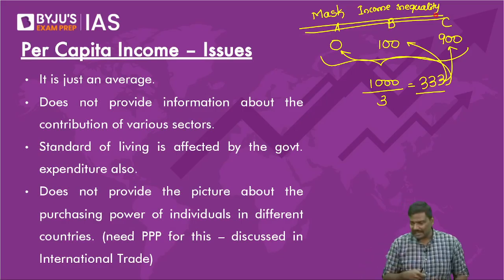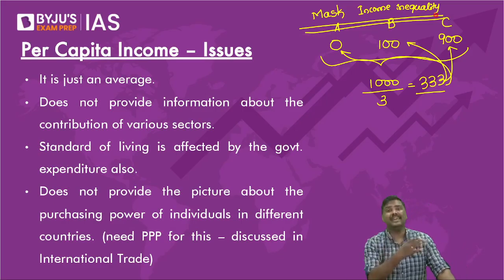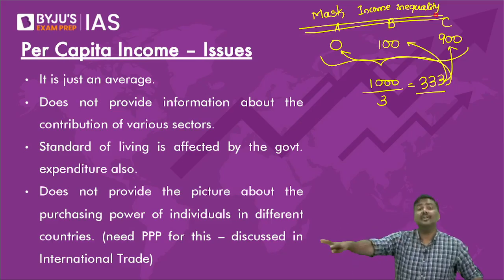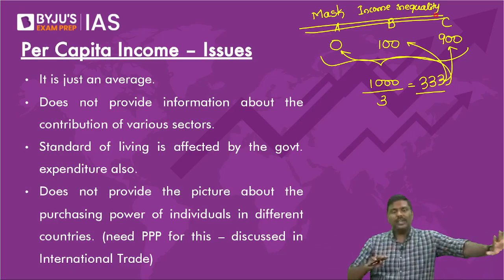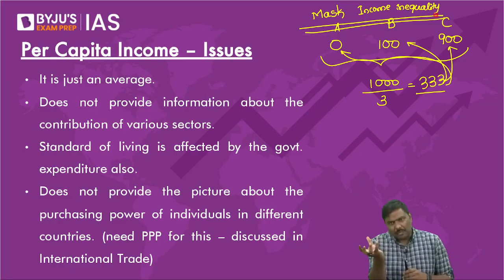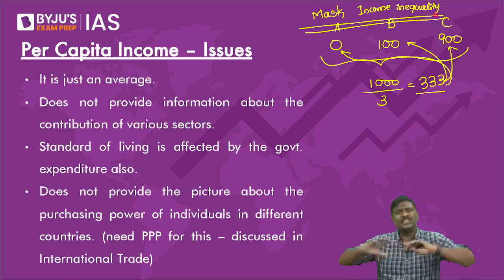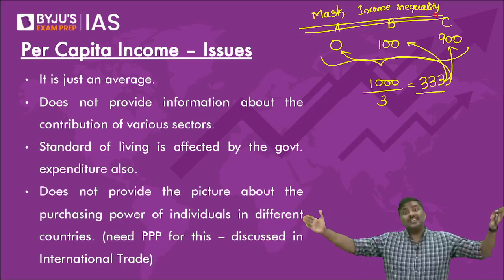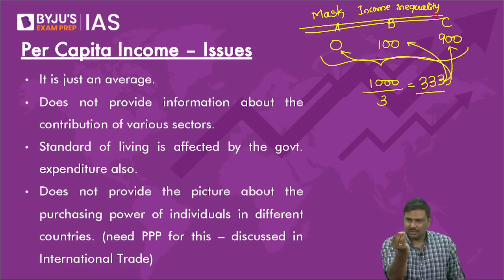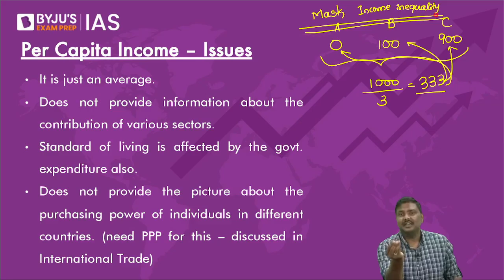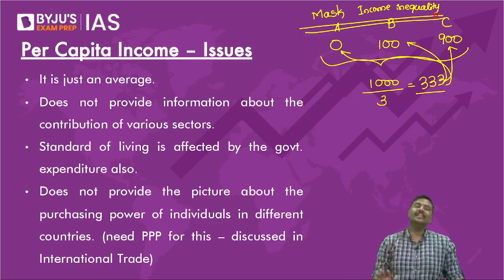The per capita income will mask, will hide, the huge amount of income inequality in India, wherein in the last 2 years, thanks to the pandemic of course, we have seen a small part of the population start earning a huge amount of income, whereas a large part of the population is earning peanuts, a very, very small amount. But per capita income doesn't disclose that. It doesn't give away that information.